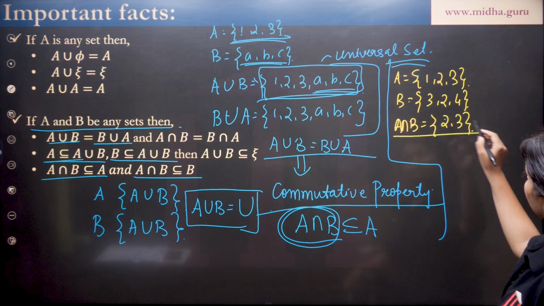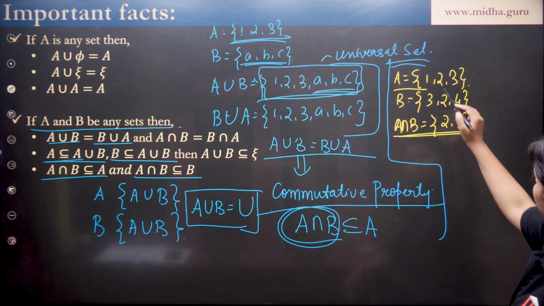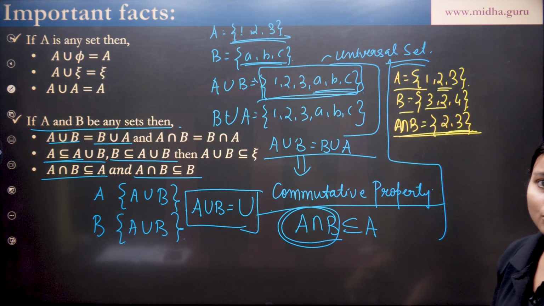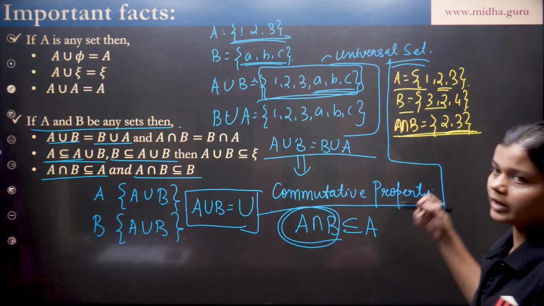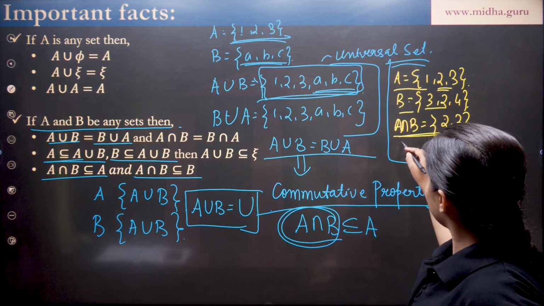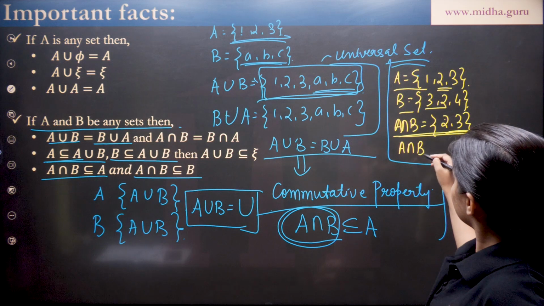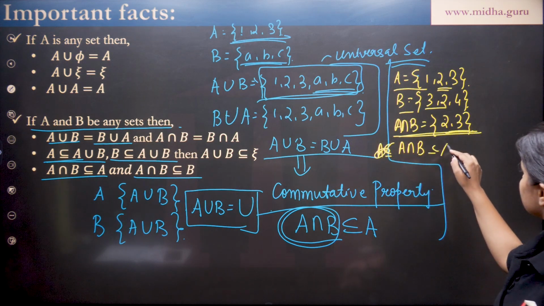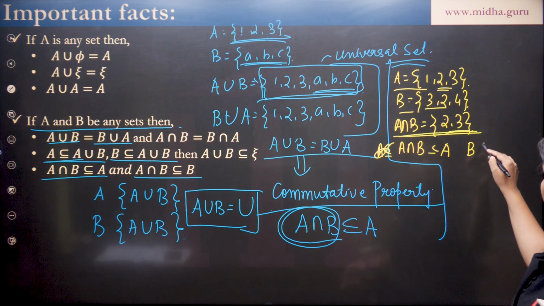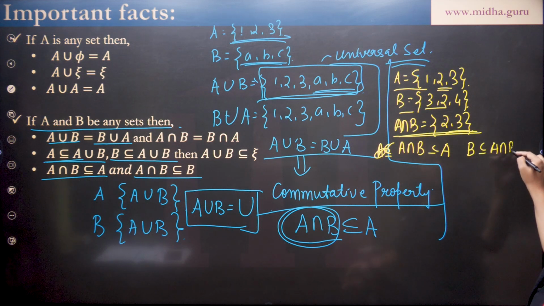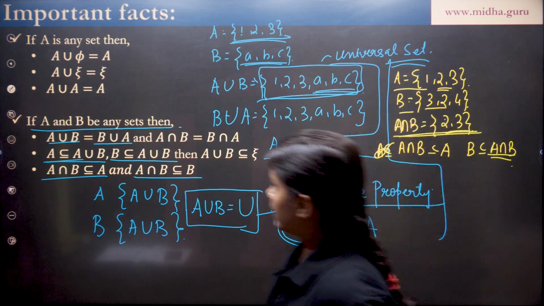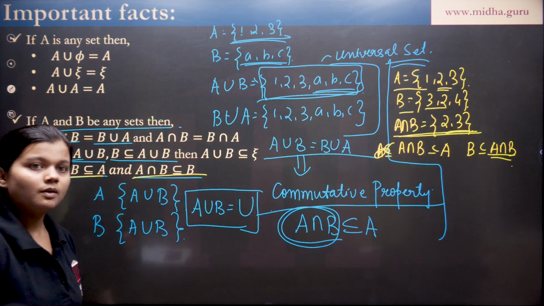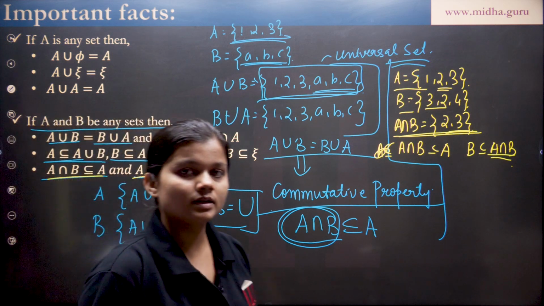So the elements of A intersection B, 2 and 3, are present in A, and they are also present in B. Not all elements but a few elements are present. So A intersection B is a subset of A and also a subset of B. I hope this is clear.